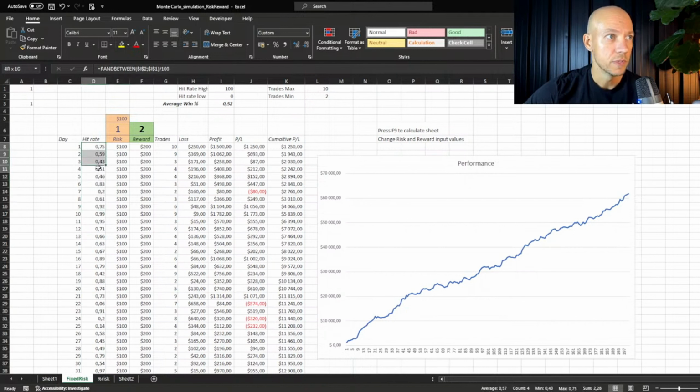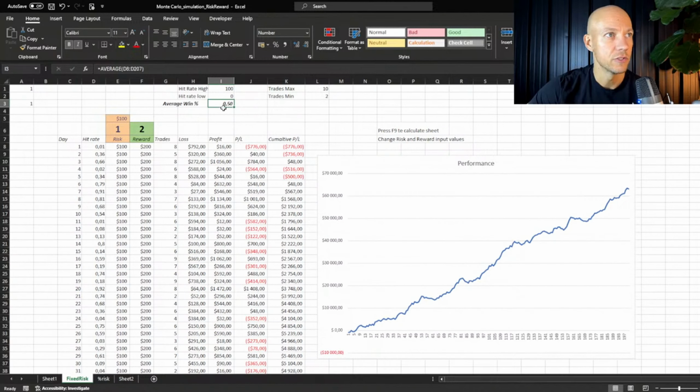But after 200 days, or a 200 sample size, it's currently at 52%. If I increase this to 1,000, it will probably be closer to 50% in the end. But like I said, when I refresh it, that's actually 50%.